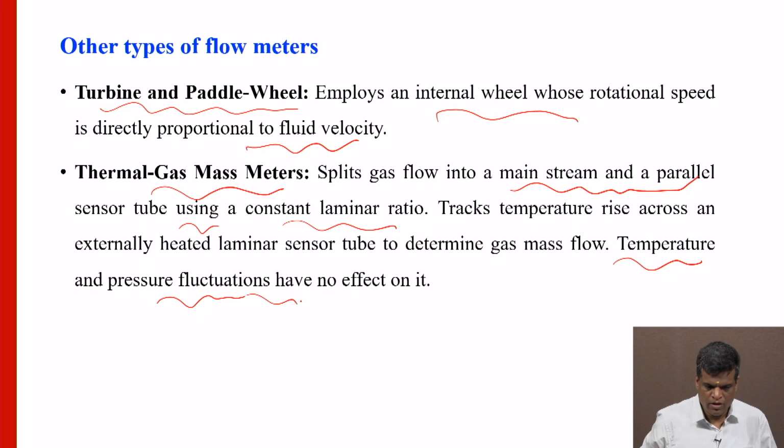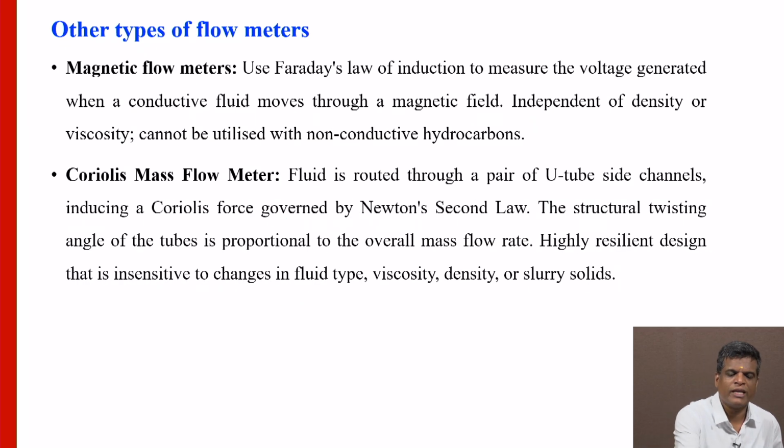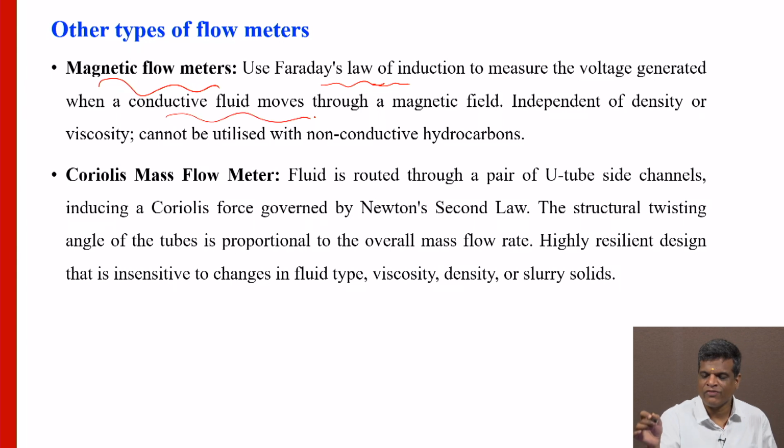Another is the magnetic flow meter, which we also always use. It works with Faraday's law of induction: when the fluid moves through the magnetic field, we can measure it. It is independent of density or viscosity, but we cannot use it for non-conductive hydrocarbons.